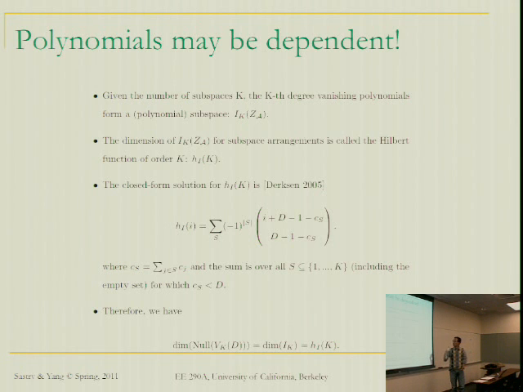Okay? So finally, the conclusion you need to remember is that with this result, thanks to Dirksen, we can show that if you know the number of subspaces and also their dimensions, then you can exactly compute how many vanishing polynomials you are going to have, at least linearly independent. That's the explanation in the first table I showed you of why the last row, the right-hand side, is 7.